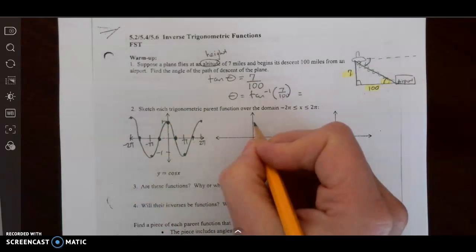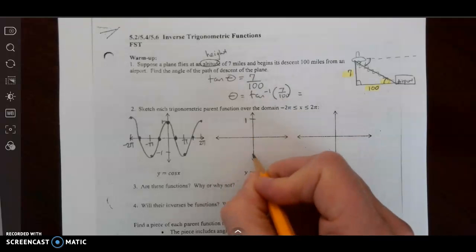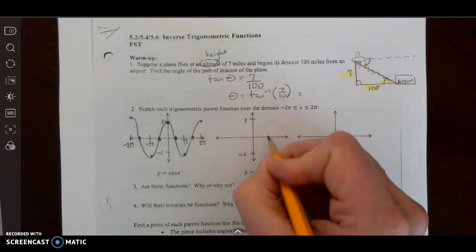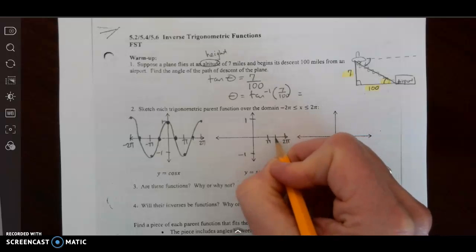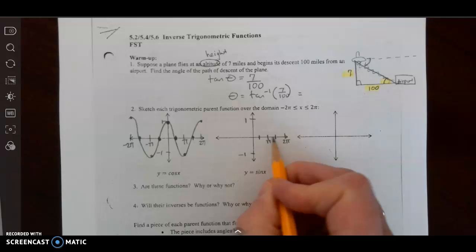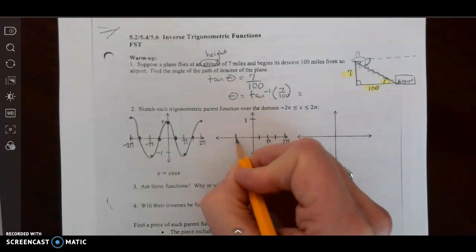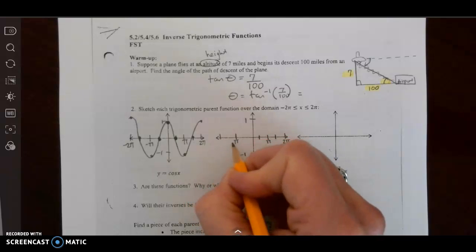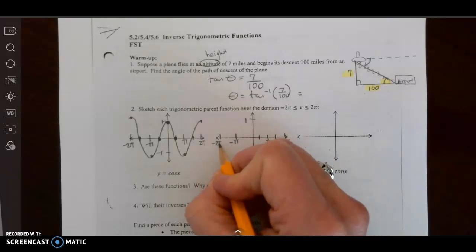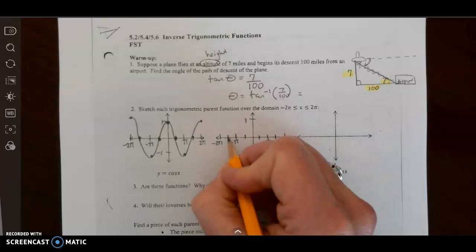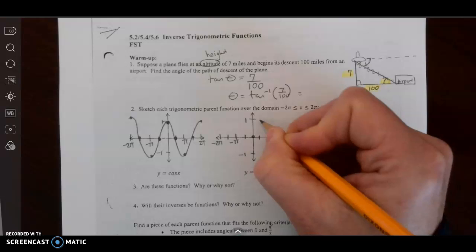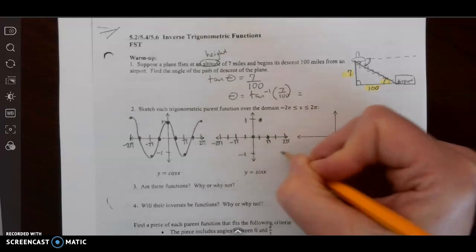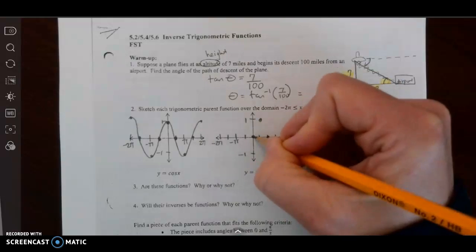Then I have sine. I'm going to set up my graph the same way. And I'll put the little hash marks in to show the pi over 2 and the 3 pi over 2. I'm only not writing it in because I have kind of a small space here, and it would just get very messy looking. And sine begins at the origin, goes up, and comes back down.